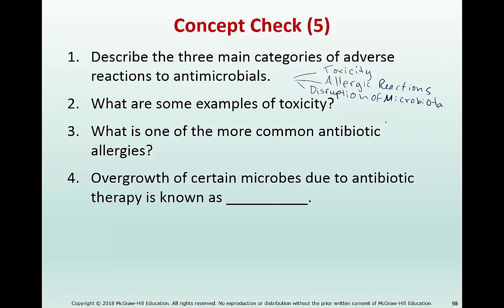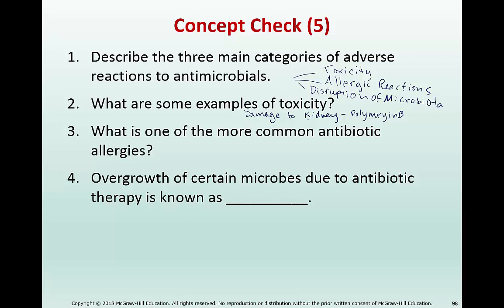And so what are some examples of toxicity? Toxic effects by antibiotics would be like damage to the kidney, and that's a lot of those cell membrane inhibitors like polymyxin B. That would be oftentimes a problem.